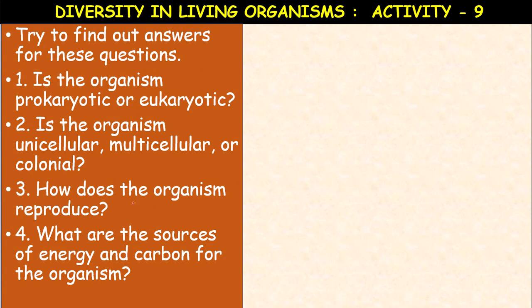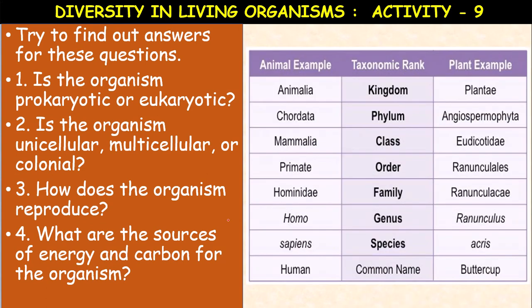The organism reproduces by binary fission. Then what are the sources of energy and carbon for the organism? It has holozoic nutrition. It feeds on particulate food materials. Like that, for any organism you have to consider these 4 characteristic features. If you take at least 10 organisms, you have to classify them.